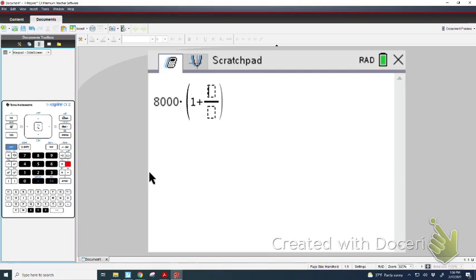We're talking about 7%. Monthly. Move your cursor outside of the parentheses, raise it to the 12 times 6. Make sure it was 6. Yes, it was 6. And we get what I wrote down.